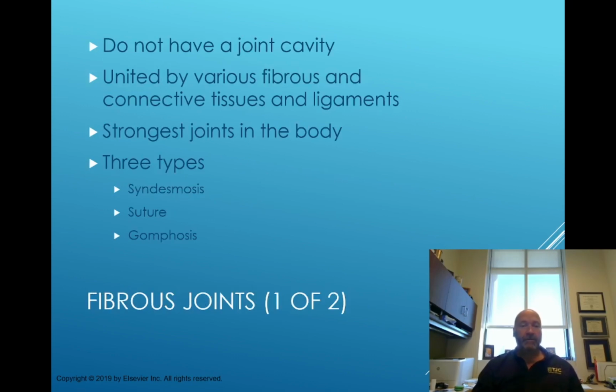So in fibrous joints, what we have are 3 different types. Again, we have a syndesmosis, a suture, and a gomphosis. What we're most familiar with is a suture. So, when you're born, your skull bones are not fused together. So they're individual bones, and you can see the soft spots or fontanelles in the front and the back of the skull.